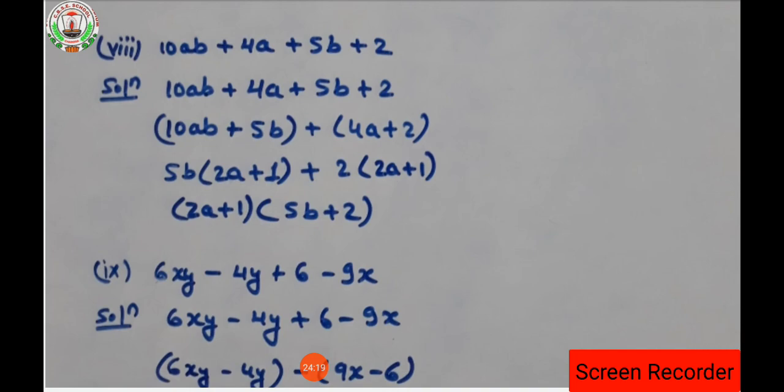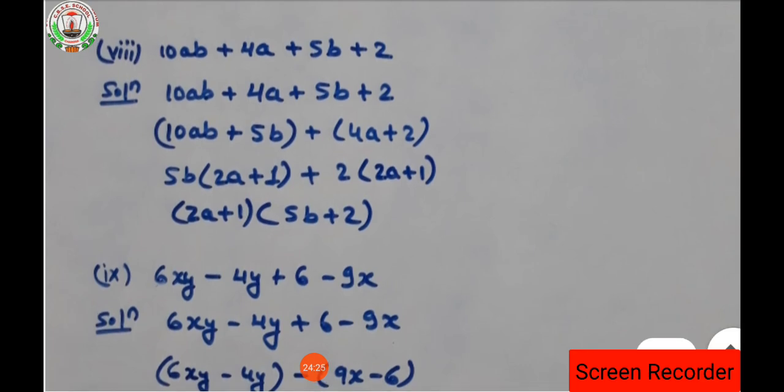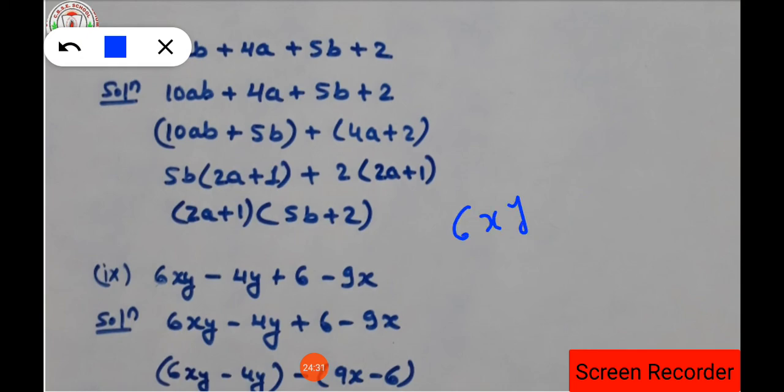Similarly, for the last part of the question we are having 6xy, isn't it? So making the pair of 6xy minus 4y, isn't it? Then minus 9x minus 6. Here we had taken 9x as a first term, that's why minus will come outside the bracket and 6 will become a negative number.